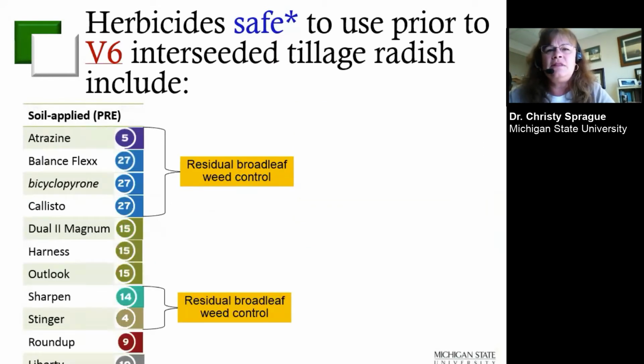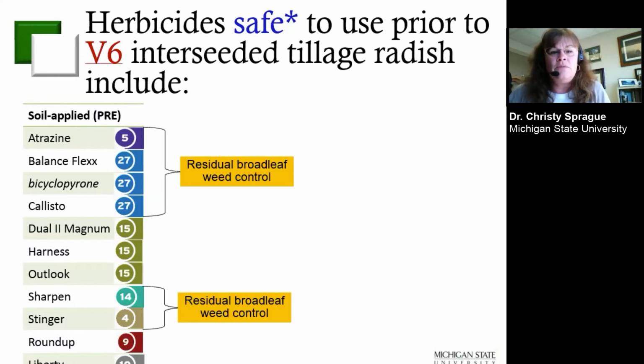When we look at the V6 interseed timing, it gives us a little bit more time for those herbicides to break down and maybe be a little bit safer to the tillage radish, we do see that we have a few more herbicides that are added to that list. So again, we have things like atrazine, Balance Flex, bicyclopyrone, Callisto, and then our group 15 herbicides of Dual II Magnum, Harness, and Outlook.